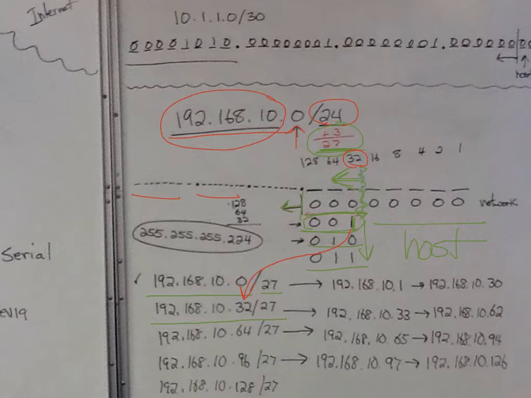And so then the next one, 64, that's actually this one. 64. And so we continued on. And I think we just listed 5 of them.